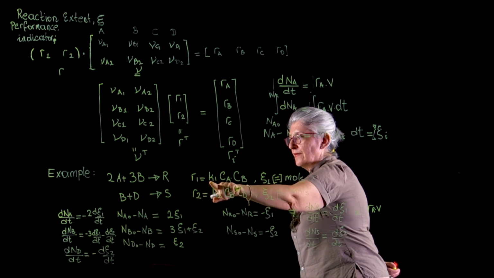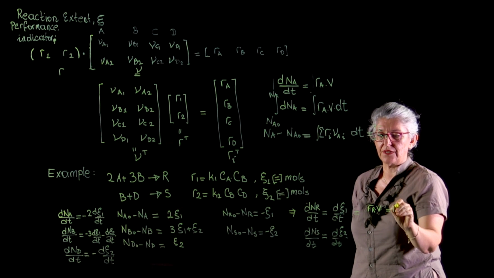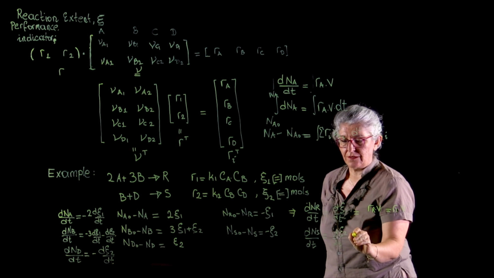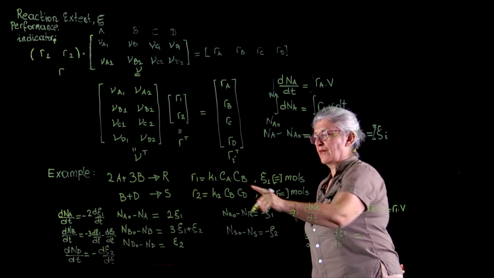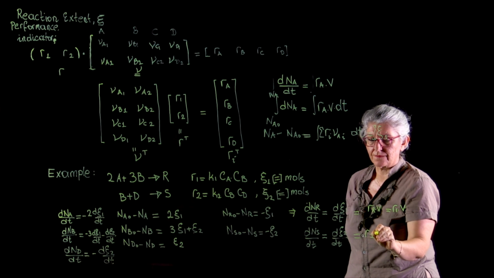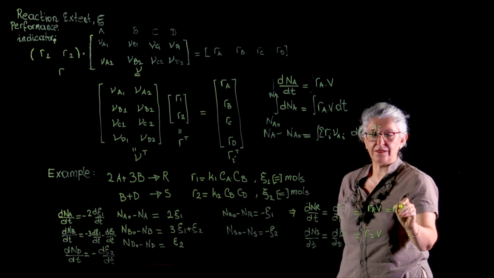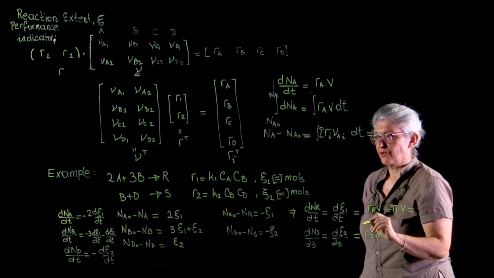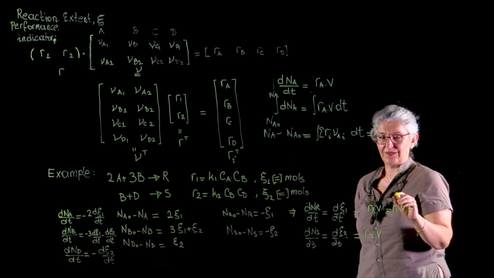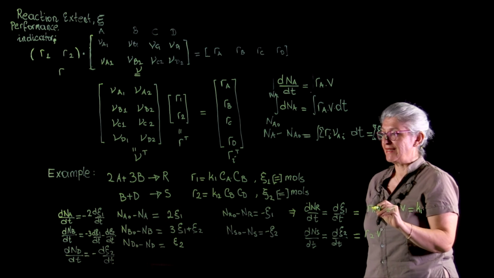It is R1 times nu R, that is equal to R1 times V. This is going to be R2 times V. And we are going to introduce the rates in terms of concentrations, K1 times Ca.